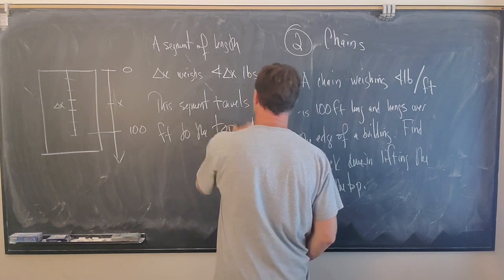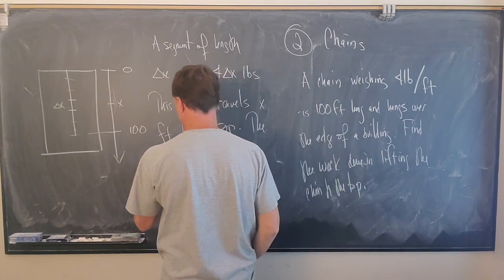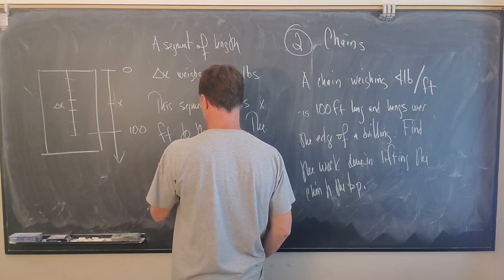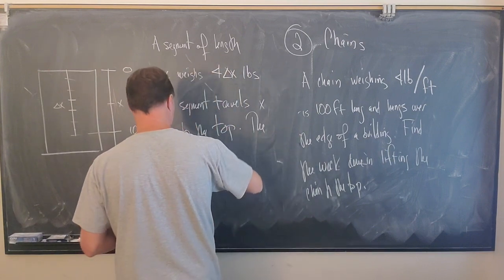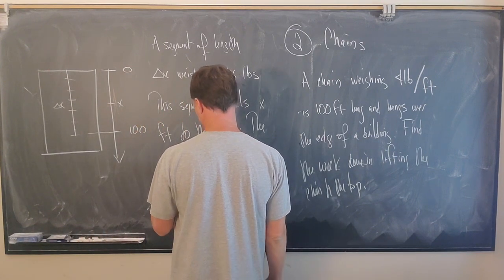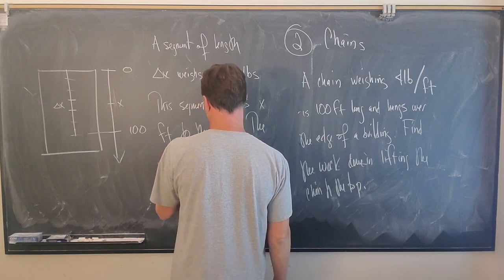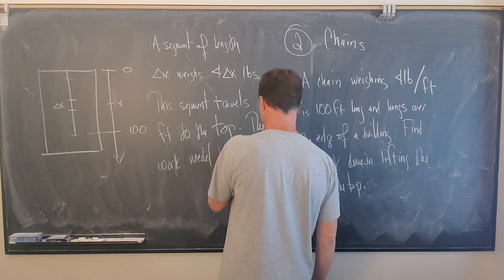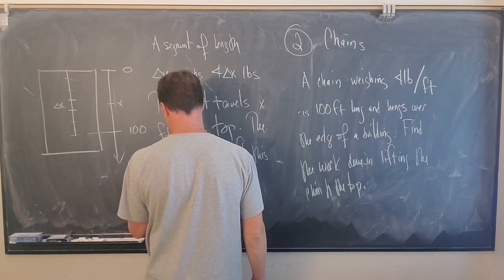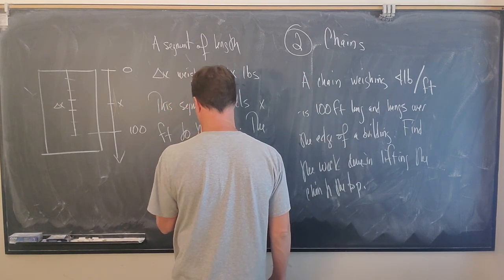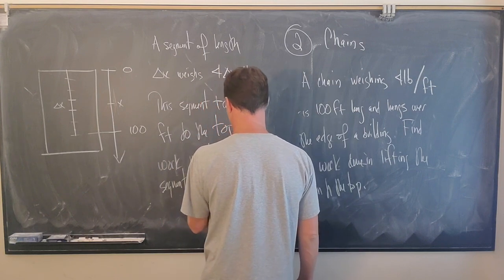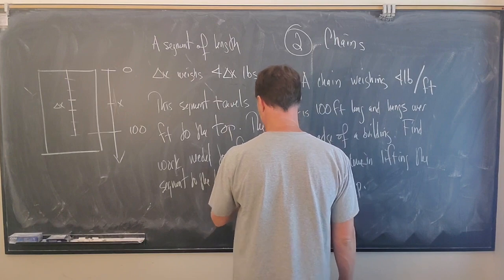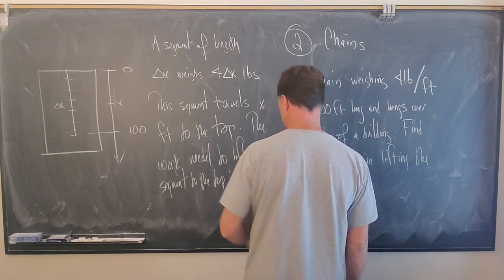So the work needed to lift this segment to the top is force times distance, so that's going to be 4 times delta x times x.